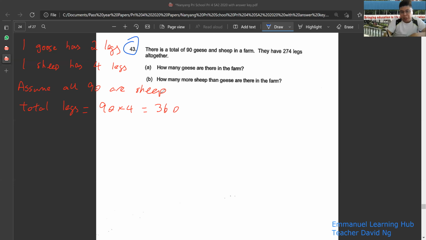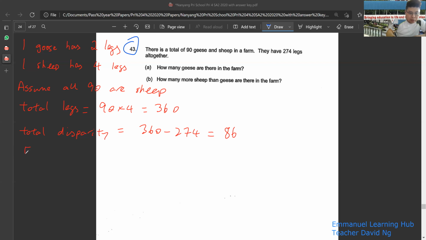But in reality, you know not all 90 are sheep. Only 274, right? So there's a discrepancy. So this is the total disparity or total difference. Total disparity, 360 minus 274. What you assume minus what is the reality? 360 minus 274 is 86.